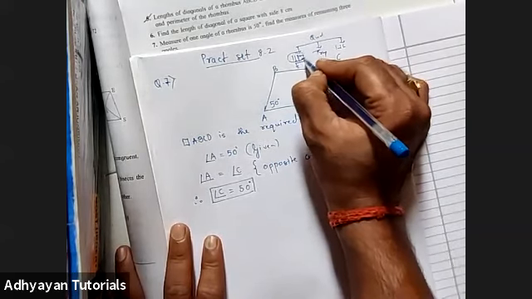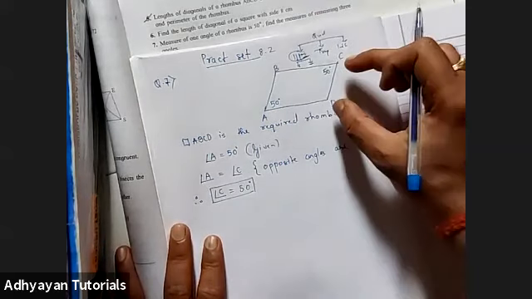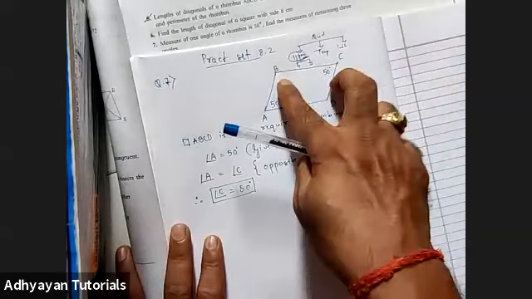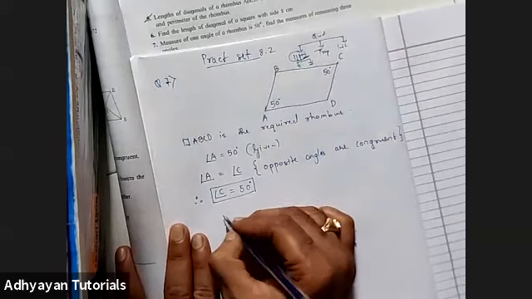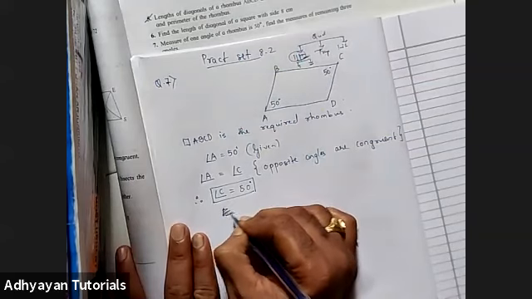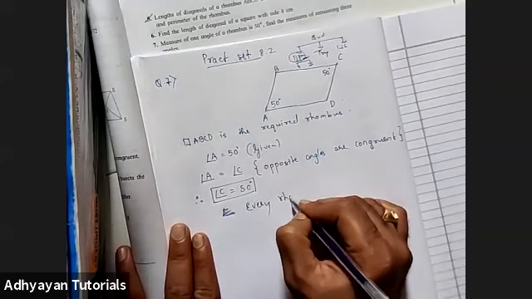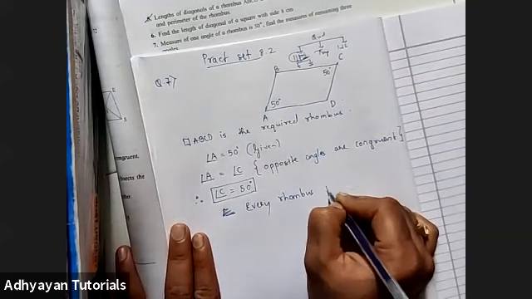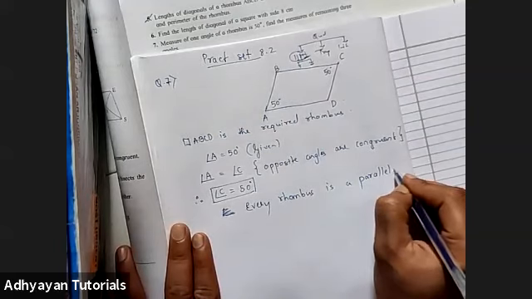And we all remember one property of a parallelogram: adjacent angles are supplementary. That means any two adjacent angles, you add them, the sum has to be equal to 180. So I write that before we move ahead: every rhombus is a parallelogram.